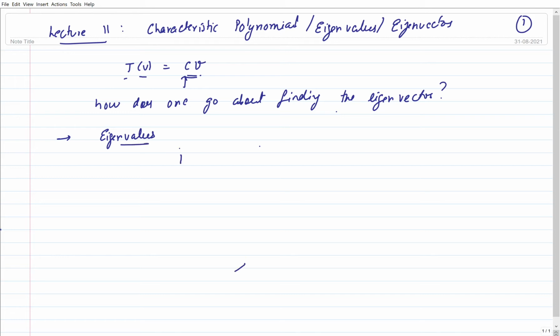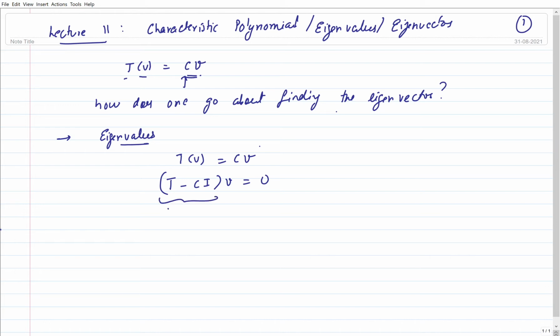So how do we do that? Well, we have this equation, and that essentially means (T minus C I) V equals 0, where I is the identity matrix.